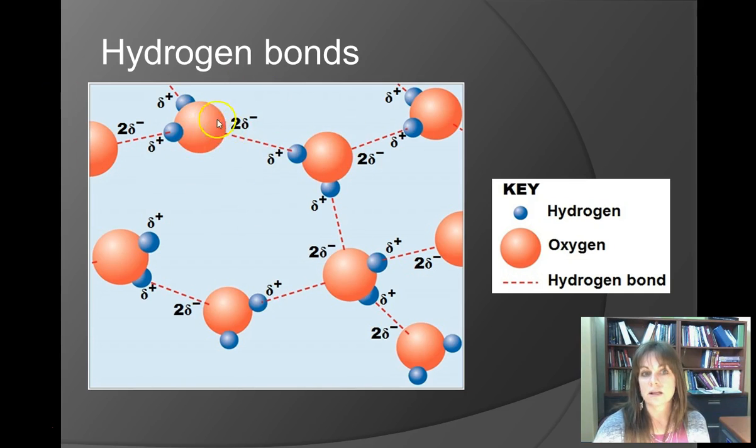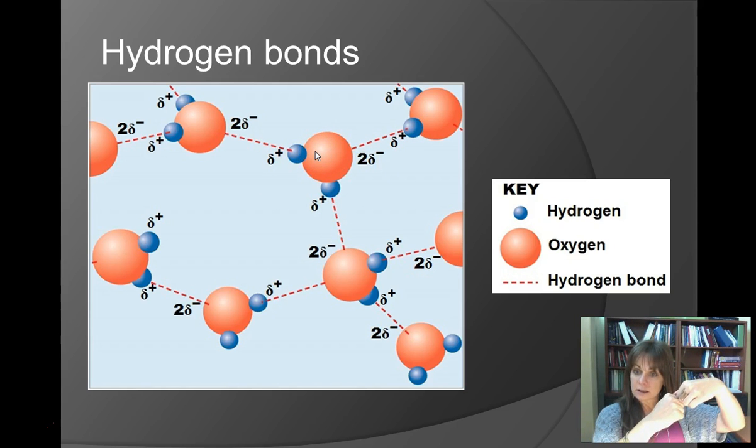Here you see the partial negative has lined up, and now look at this dotted red line, close to this partial positive. Here we go, partial negative lined up close to the partial positive. So all of the polar molecules are a little bit attracted to each other because of those partial charges.